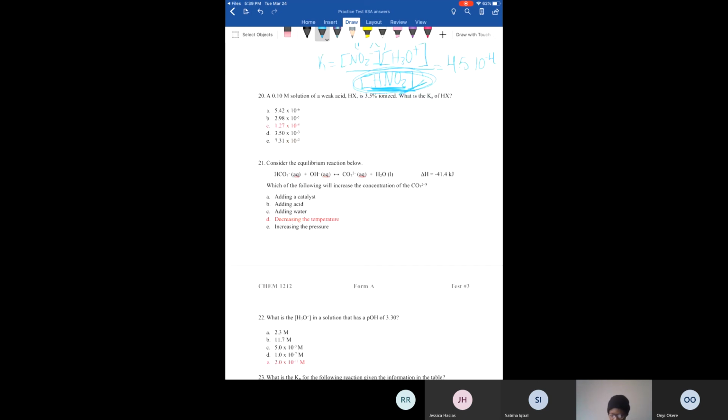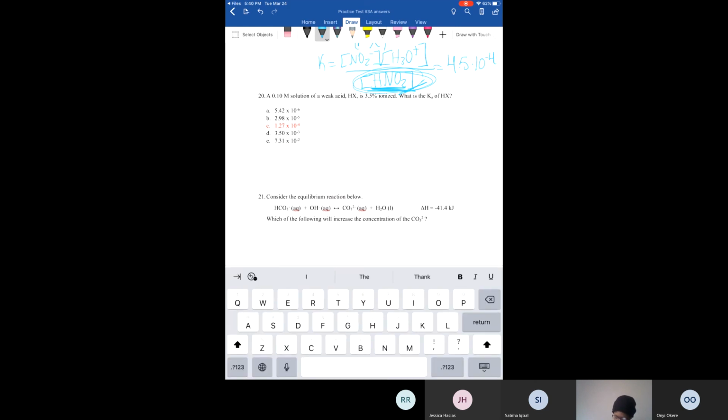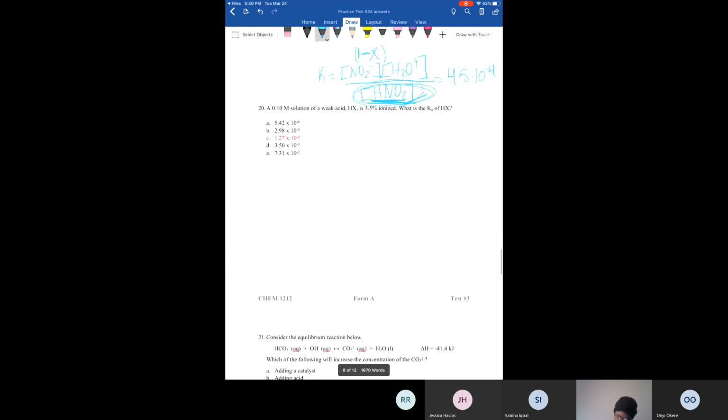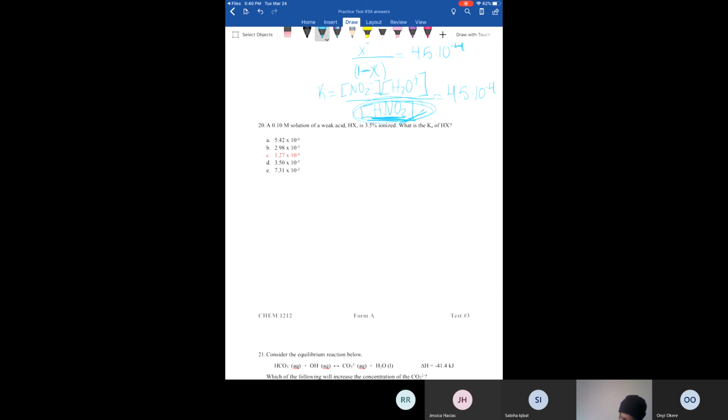A 0.1 molar solution of weak acid HX is 3.5% ionized. What is the Ka? So you remember your percent ionization formula. I'm just going to use H3O plus because that will save confusion.